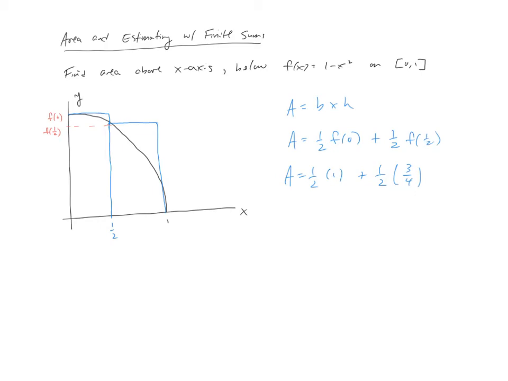So when we run these numbers now with a calculator, this is going to give us a 0.875. So we've got an approximate area of 0.875 using two rectangles. Now, I'm going to address this again in the next part, but keep in mind, this looks to be visually an overestimate, and it is.